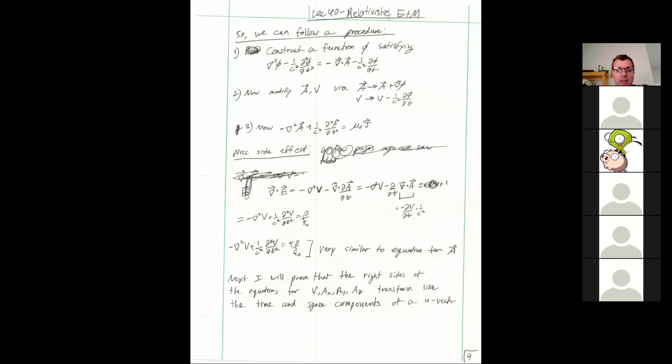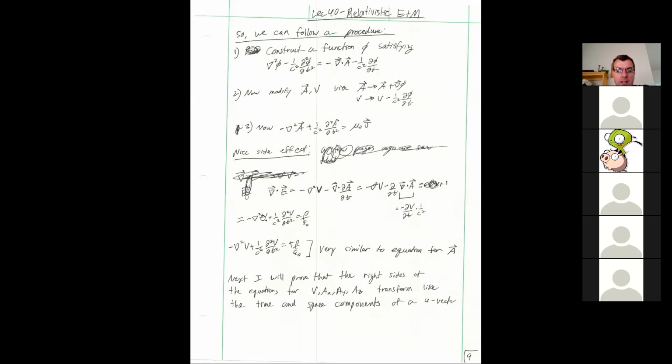And here's a nice side effect. If I take the divergence of E, well, the divergence of E is going to be minus del squared V minus the time derivative of this divergence. But we already set things up so that this divergence of A was the time derivative of V. So I got the time derivative of a time derivative.